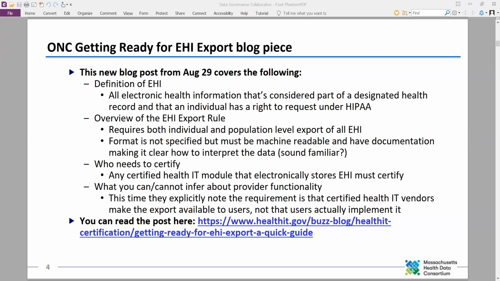But that's harder to do if everyone's machine readable files are in different formats, even if they are perfectly machine readable, because you can't automate that process for doing that across multiple files.